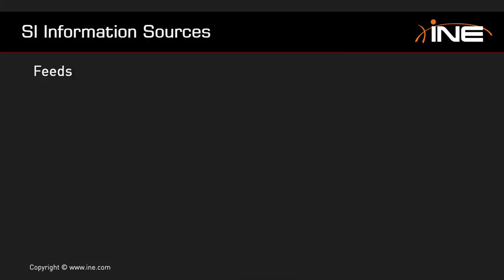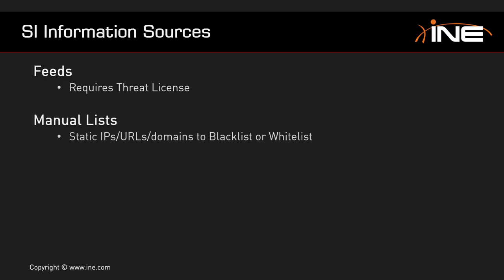Okay, now the way that SI gets the information about those malicious addresses, URLs, or domains is primarily through the so-called feeds. So a feed is just a cloud-based service maintained by Cisco. Assuming that your device is configured with the threat license, you will be able to connect to this feed and this way get the information maintained by Talos. Another method is going to be to add entries manually.